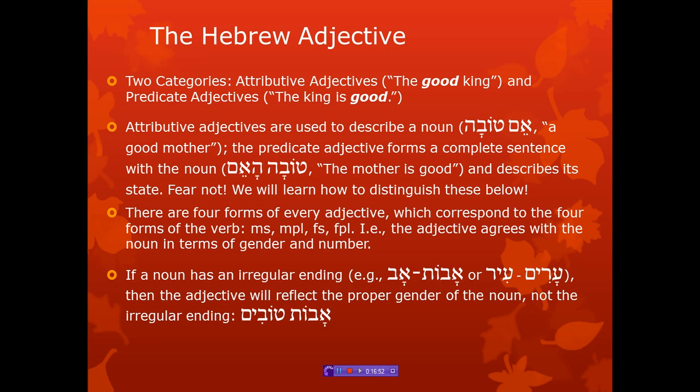So with the word avot, the adjective would be tovim, as opposed to tovot, as opposed to the ot ending. So avot tovim. The ending of the adjective is going to follow the actual gender of the noun, even if that noun's endings are somewhat irregular.